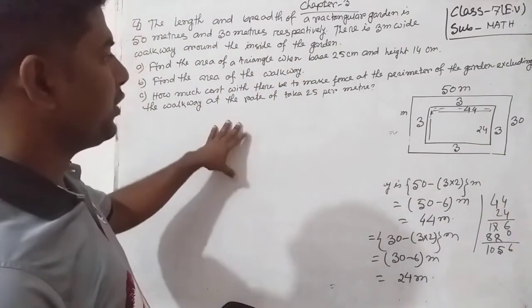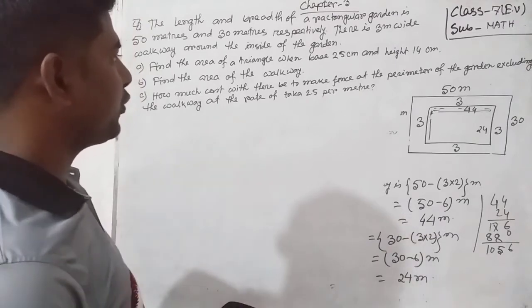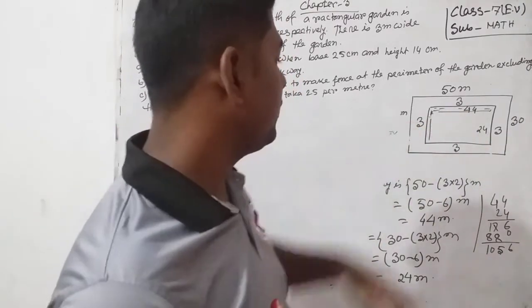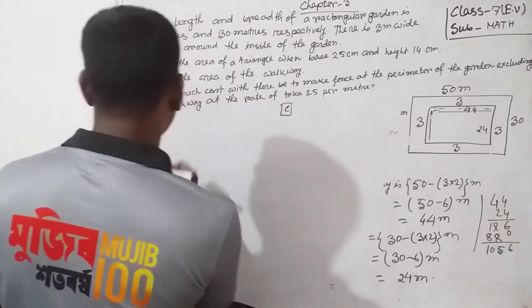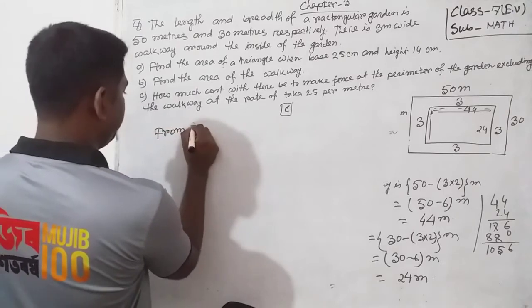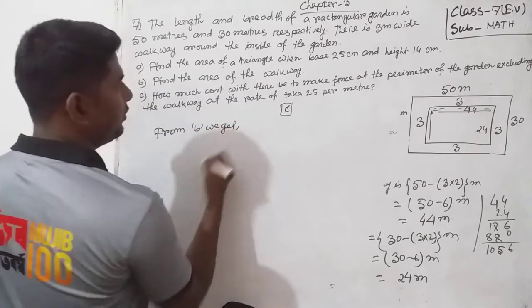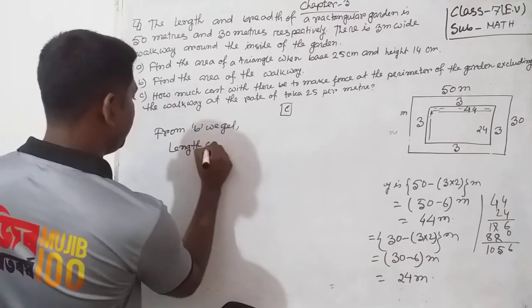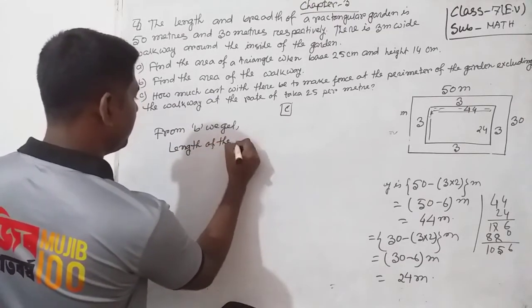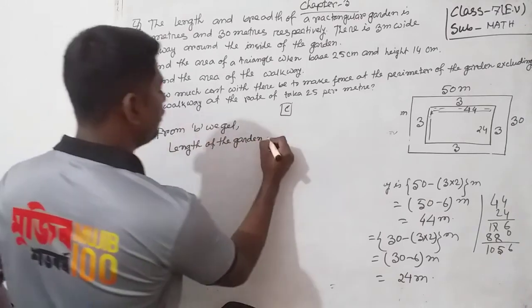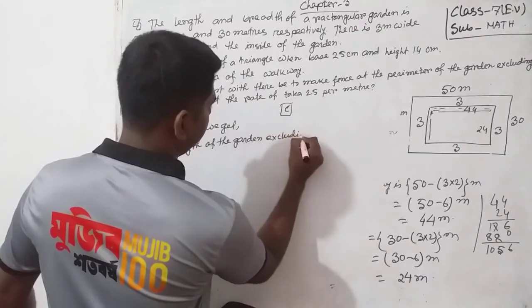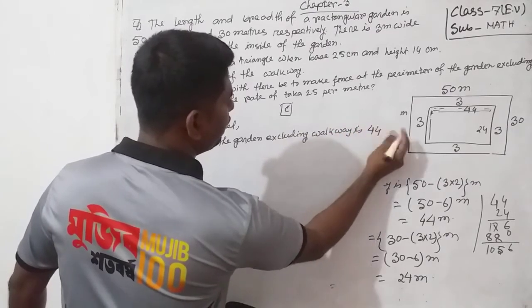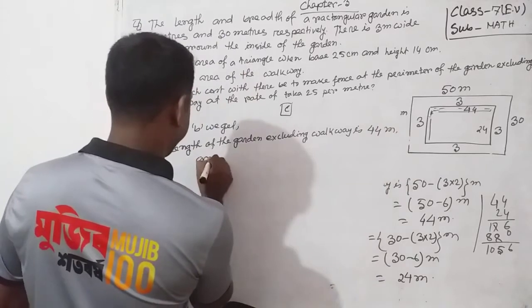Okay, so from B we get the length of the garden excluding walkway is 44 meter and breadth is 24 meter.